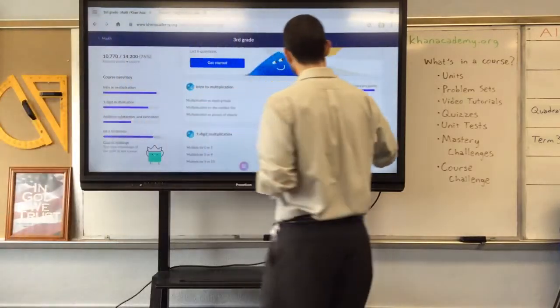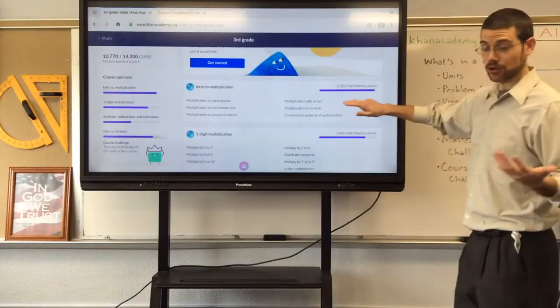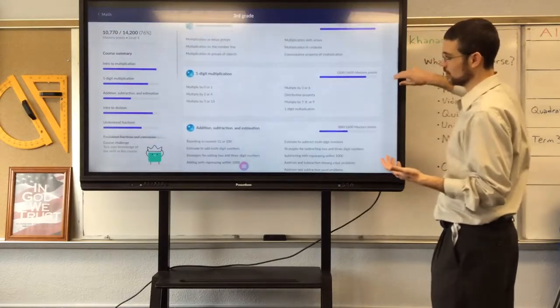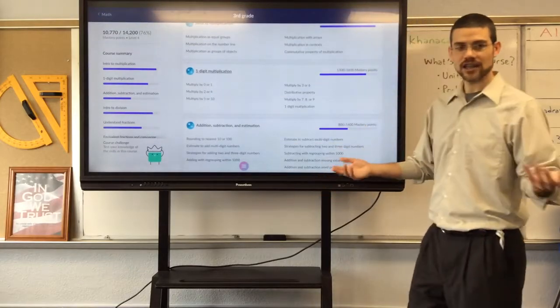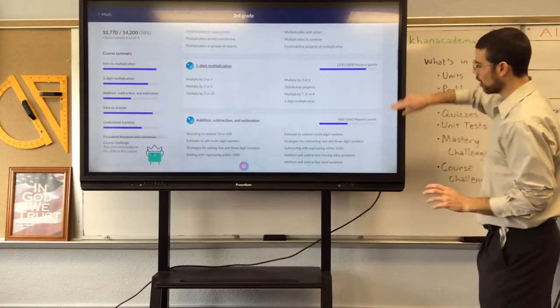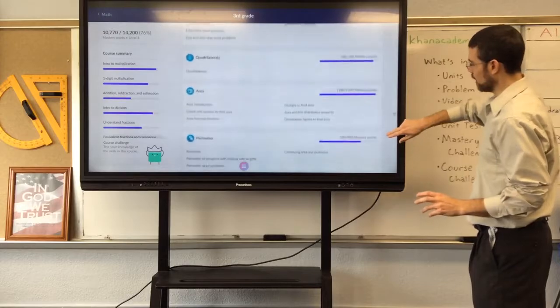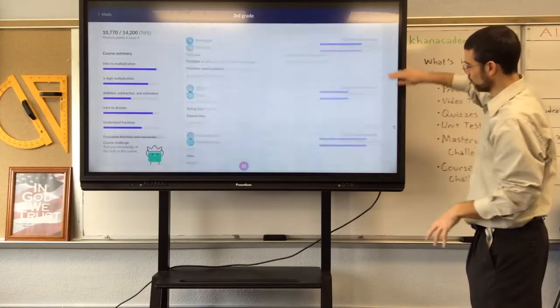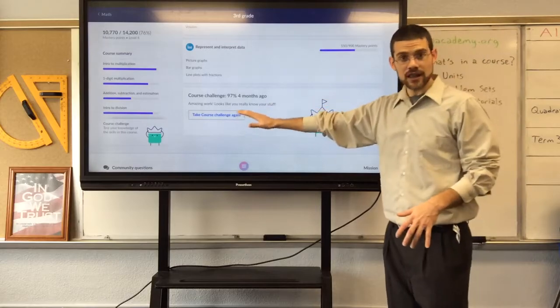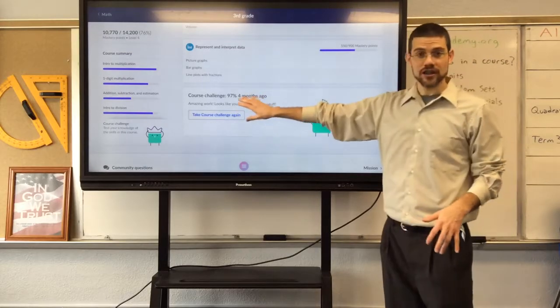All right, so there are lots of units in third grade. We learn about intro to multiplication, one-digit multiplication, addition, subtraction, and estimation, and there's a bunch more. At the bottom of this page, after all of those units of third grade math content, the last thing in that list is the course challenge.